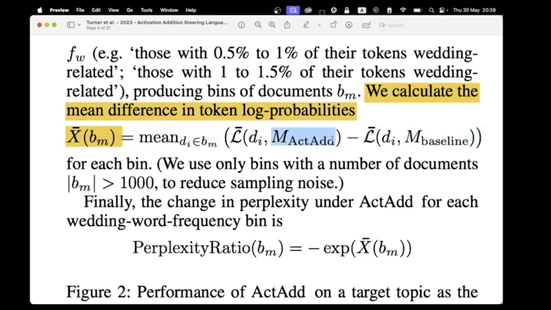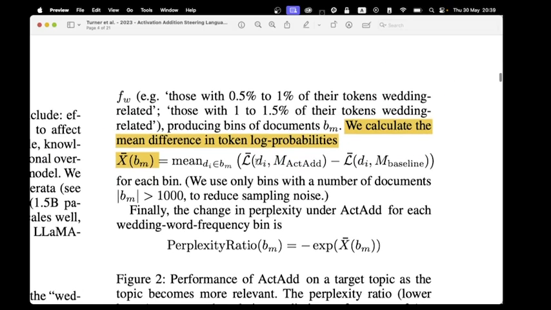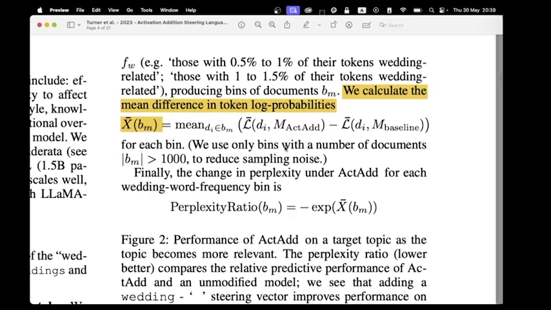And if the patched model says that wedding words are more probable, then we did the thing, right? So this literally asks if our patched model ascribes high probability to wedding words on a natural corpus.